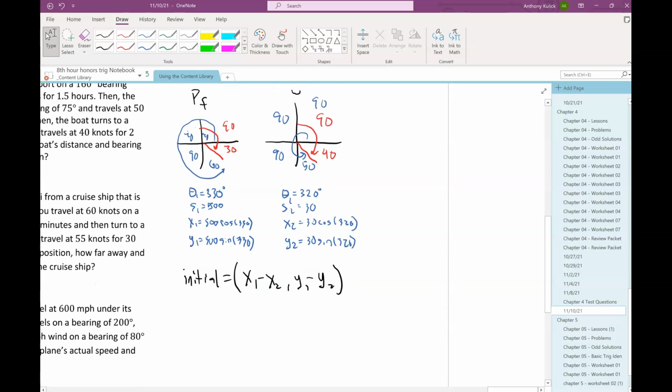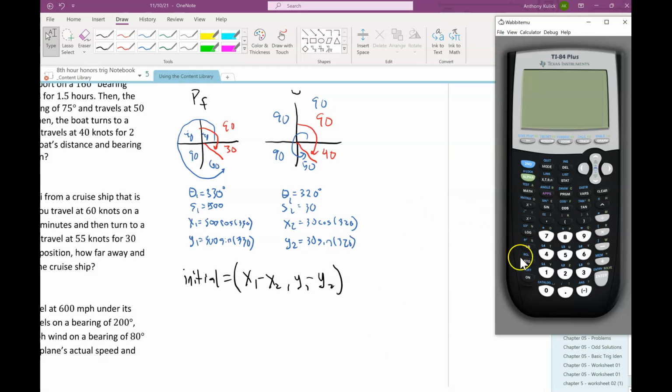So my initial is going to be x1 minus x2 comma y1 minus y2, right? Okay. If you don't like anything I'm doing or you're confused, make sure that you holler at me.